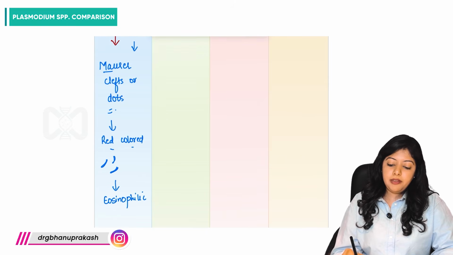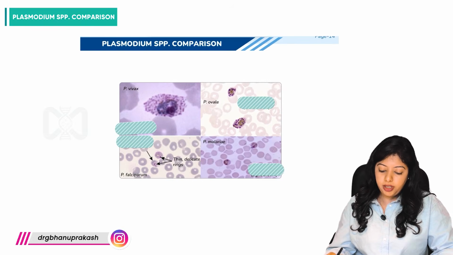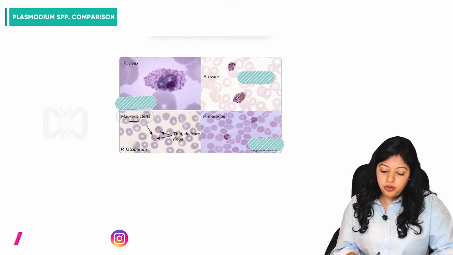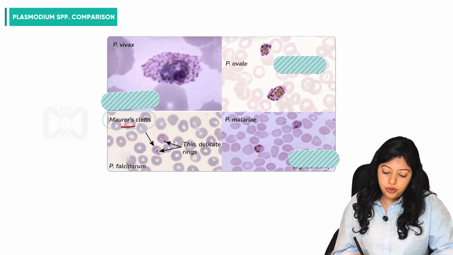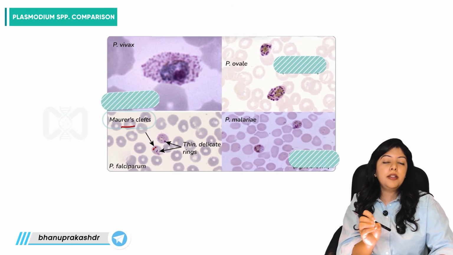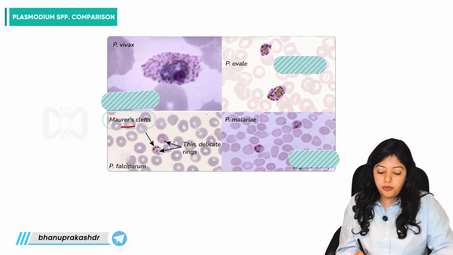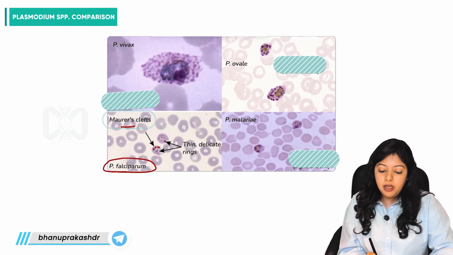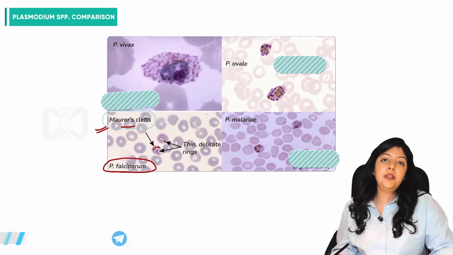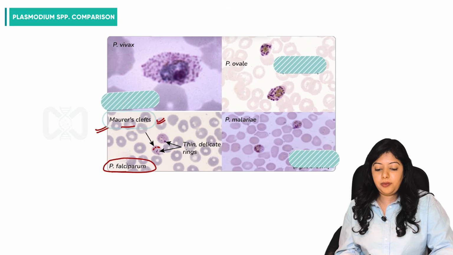They can be present as dots, and can also be comma-shaped structures. So for Plasmodium falciparum, we call this eosinophilic stippling Maurer clefts or dots.